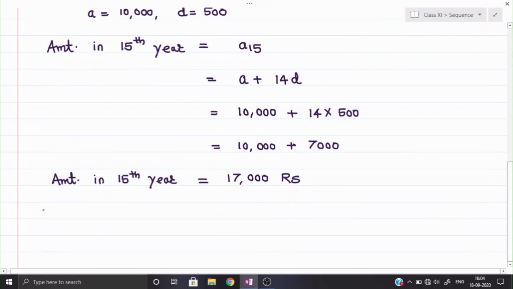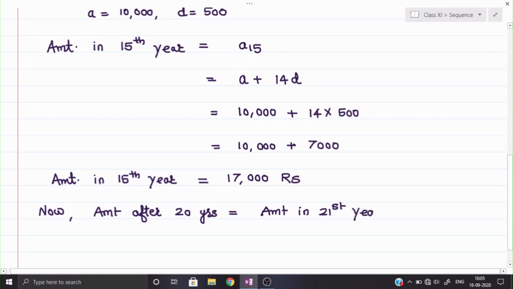Now we shall say, amount after 20 years. Amount after 20 years is equal to the amount in the 21st year, that we can see.